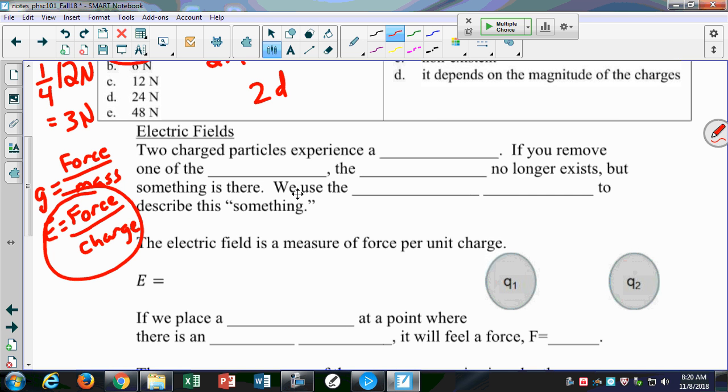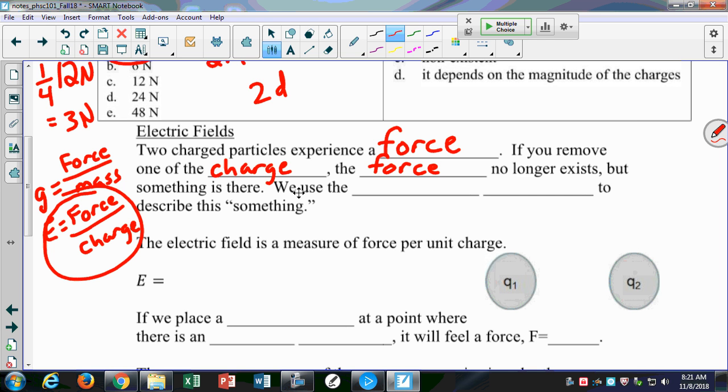Okay, so two charged particles experience a force, right? But if you remove one of the charges, the force no longer exists. That force just goes away, because remember what we said, you had to have two bodies to feel a force.